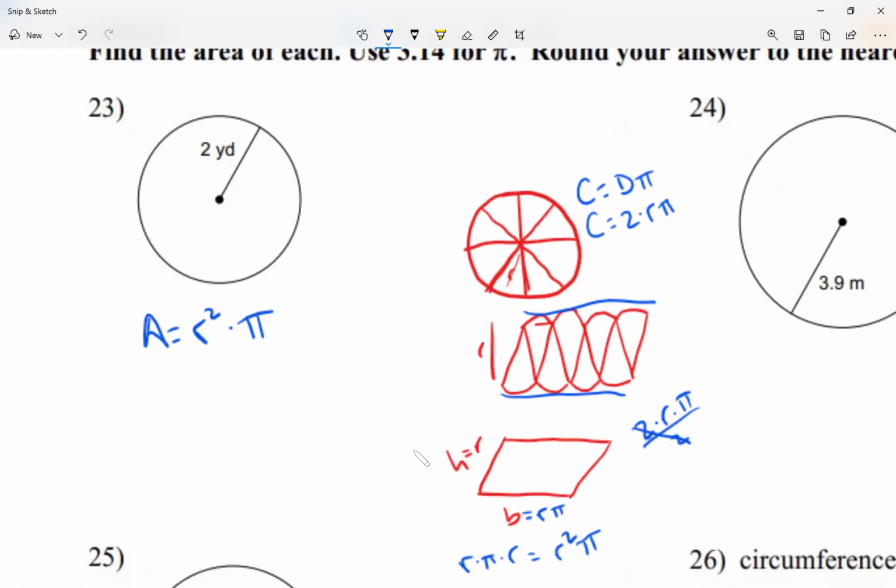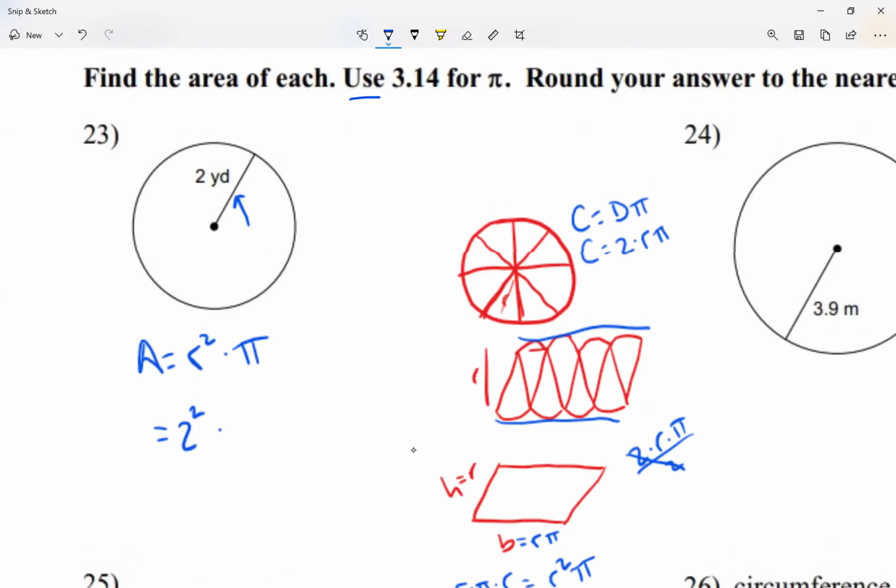Now the radius is the distance from the center of the circle to the outside. So this is going to be 2 squared, because you guys can see the radius is 2. Now for pi, it says use 3.14.